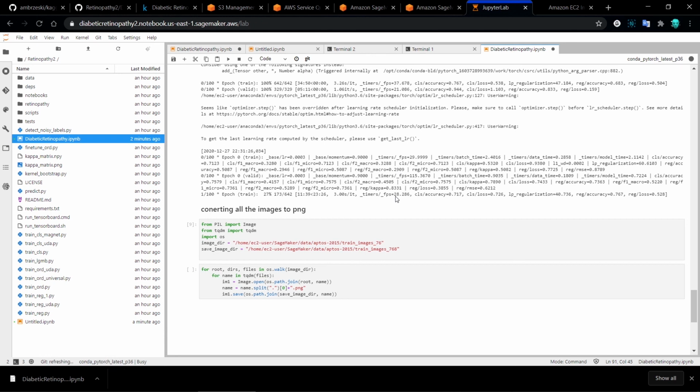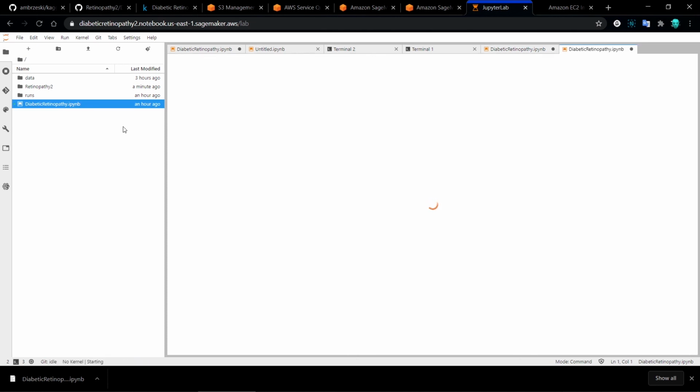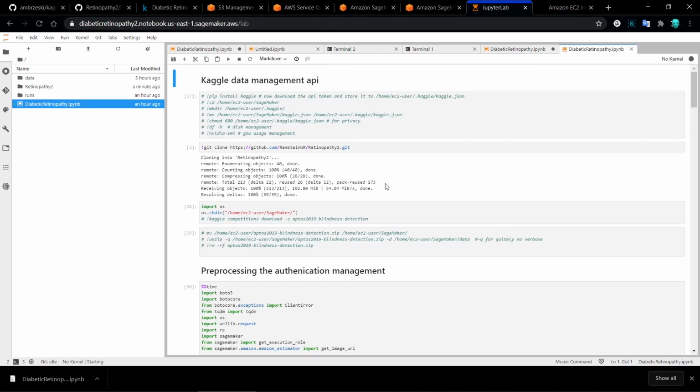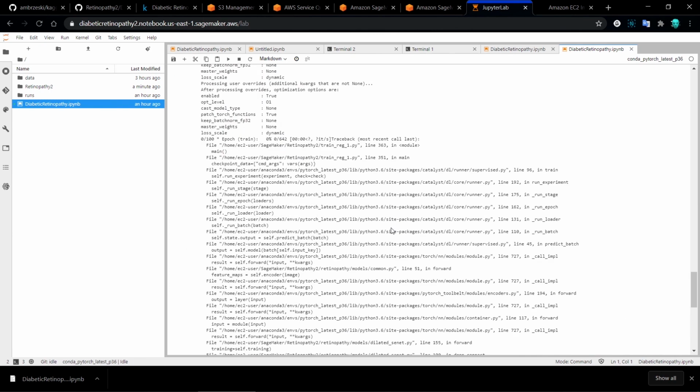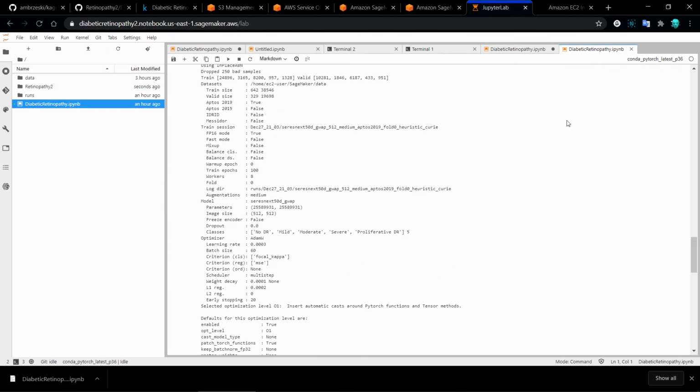Both of them are the same instance, and we have just opened them. So this is the diabetic retinopathy notebook. I have one more diabetic retinopathy here that was edited an hour ago. Let me check whether this is also working. No, this one was the previous case; we had been running with some errors, so you can remove it.